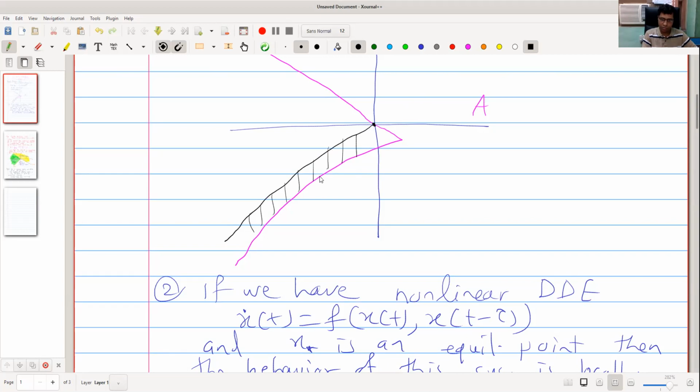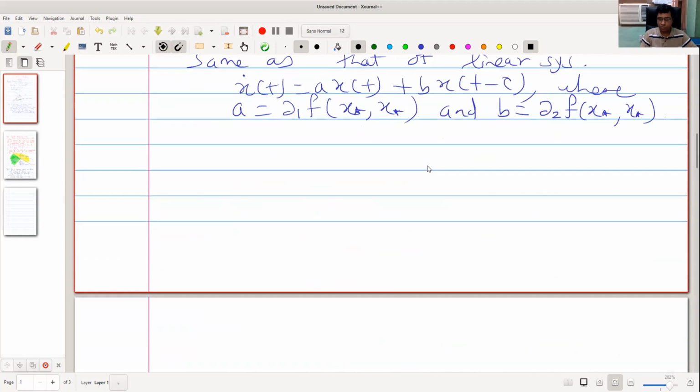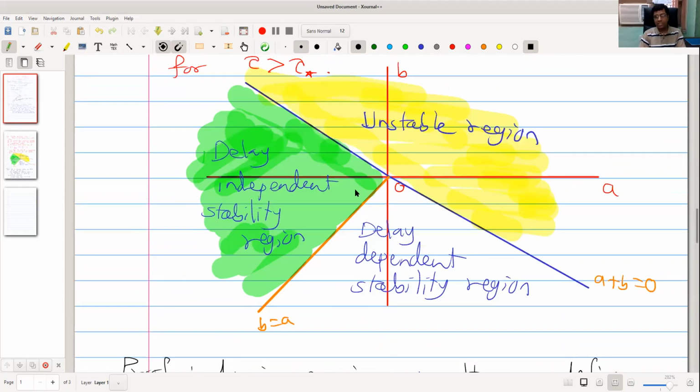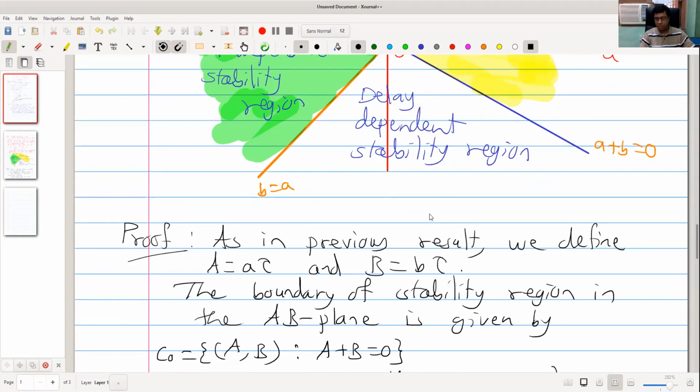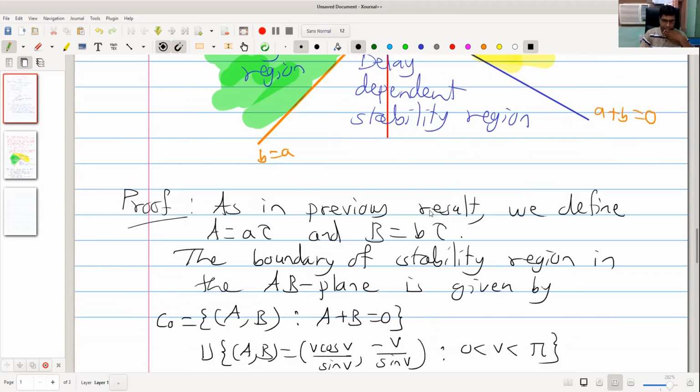If we further increase the value of tau, we will be outside the stability region. So this is nothing but the delay dependent stability region in the capital A, capital B plane. Of course, we have to consider these things also. Both the things are actually the same.